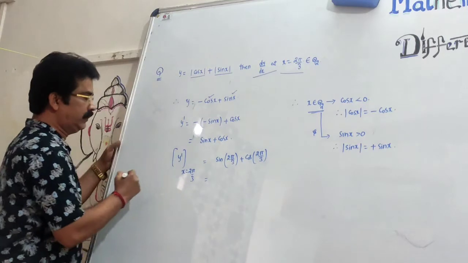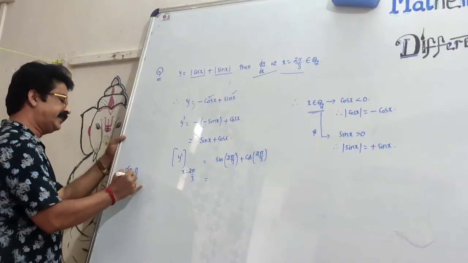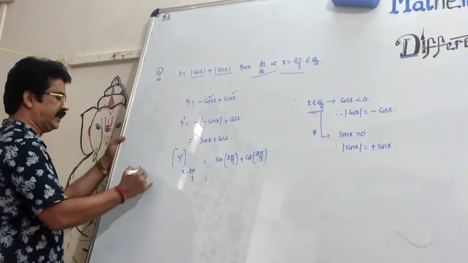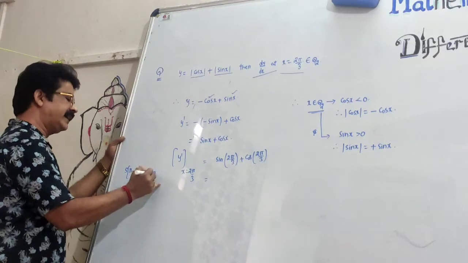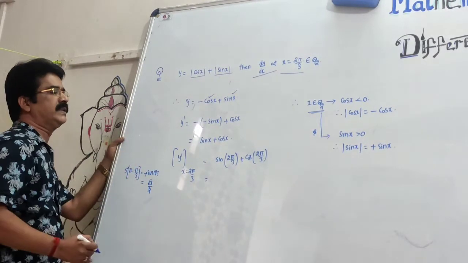Sin of 2 pi by 3 means pi minus pi by 3. In the second quadrant it is plus sin pi by 3. Pi by 3 means 60, and sin 60 is root 3 by 2.